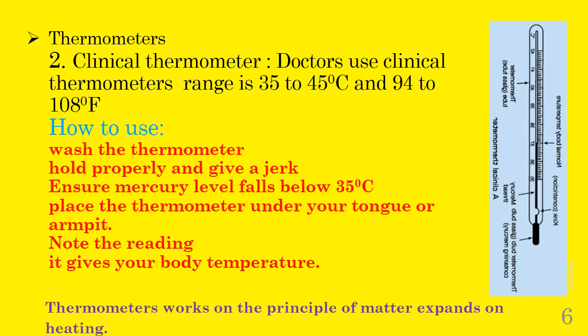So how to use it? Wash it carefully, hold properly, and give a small jerk. And mercury should fall below 35 degrees. And place the thermometer under your tongue and note the readings. It will give you what? It will give you the body temperature, isn't it? Good.